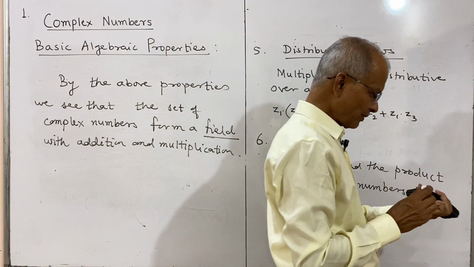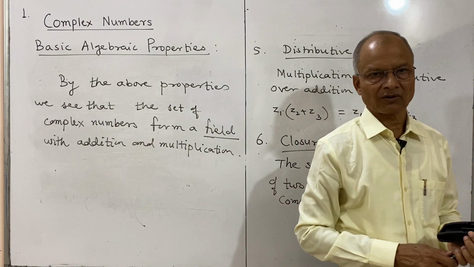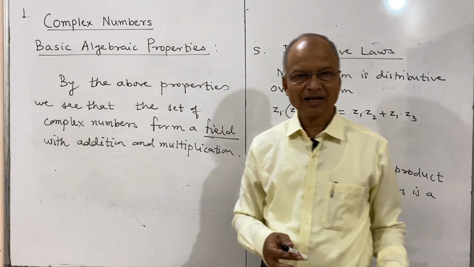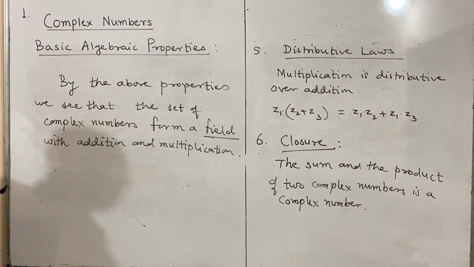Now what remains is subtraction and division of complex numbers, and these are defined in terms of addition and multiplication.